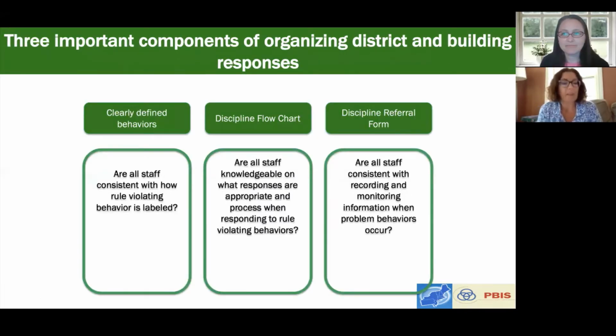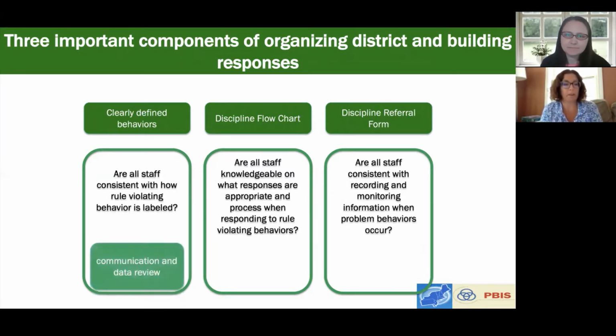Thanks, Heidi. So there are 3 basic important components of organizing your building and district responses to concerning behaviors. One is making sure that you have clearly defined behavioral definitions, which was discussed in part 1.